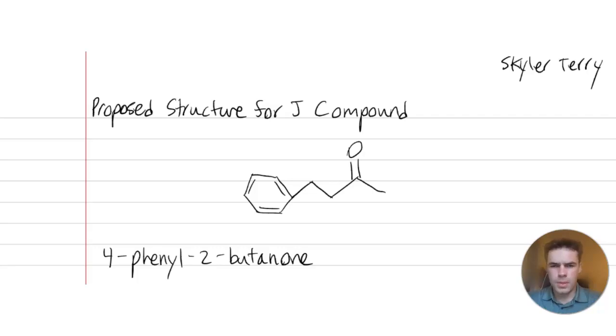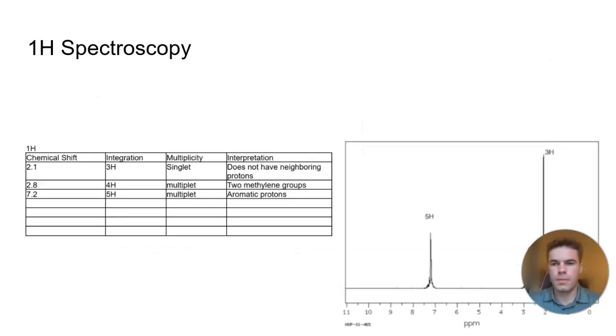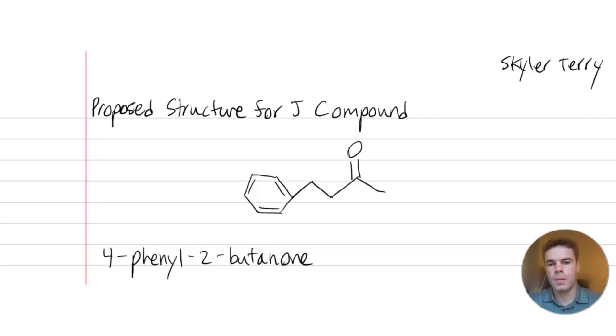And then the two methylene groups making up that 4H integration, for a 5-4-3 integration ratio. And then finally that phenyl group at the end of the butane chain, indicated by the 4 there.